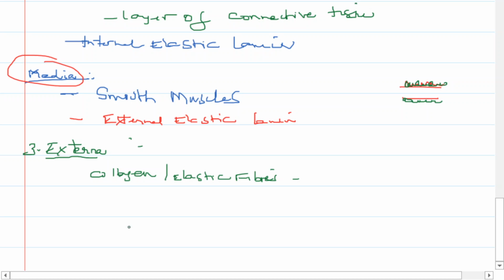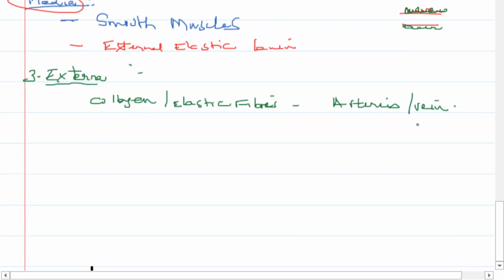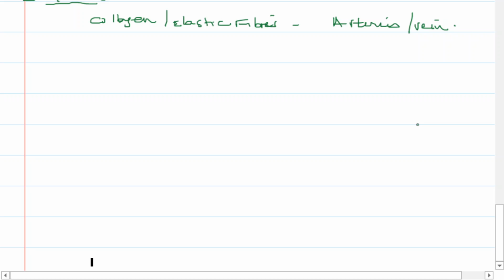So that's about the three layers, and there is a difference in the width of these three layers between the arteries and the veins, because they function differently, and we'll see the difference. Let's look at the difference between those two right now.